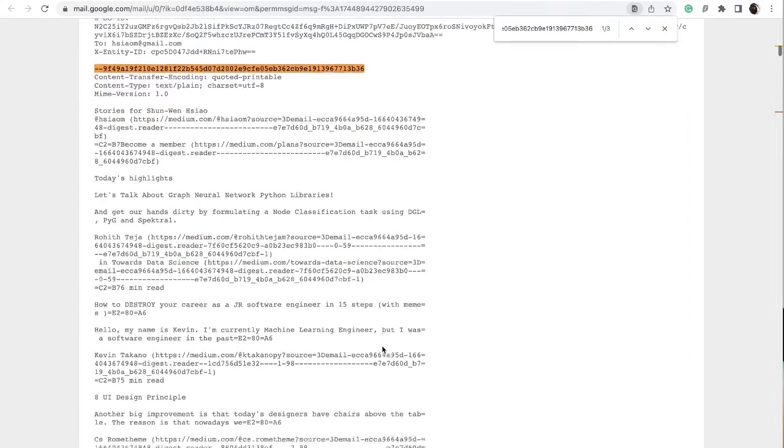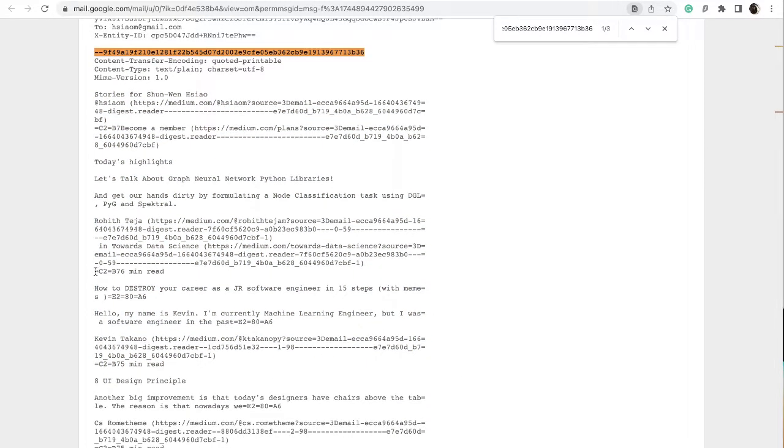Okay, so as you can see that there are some strange tokens right here. For example, equals C2 equals B7. Basically, they are encoded characters. So there we have another function called unquote.